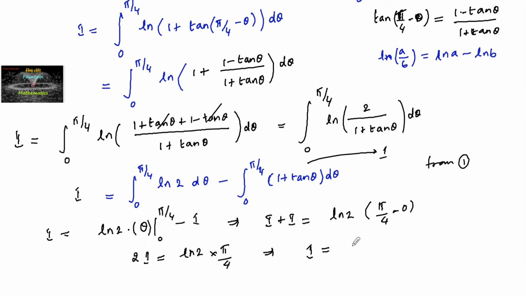So I is equal to log 2 into π upon 2 into 4, this is 8. So the answer is π/8 log 2. So π upon 8 log 2 is the answer. Okay, thank you.